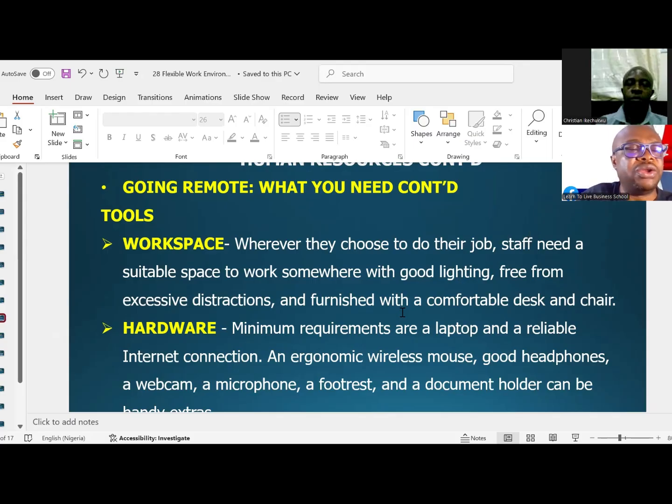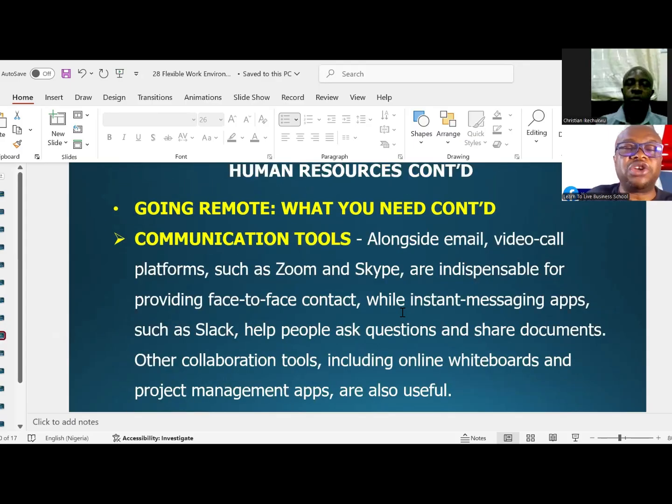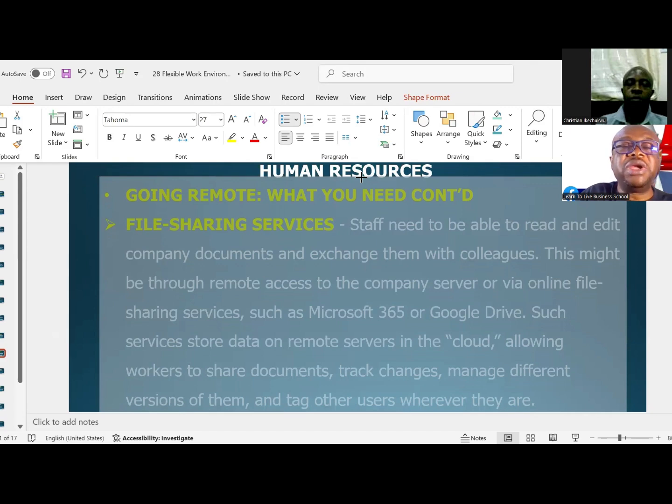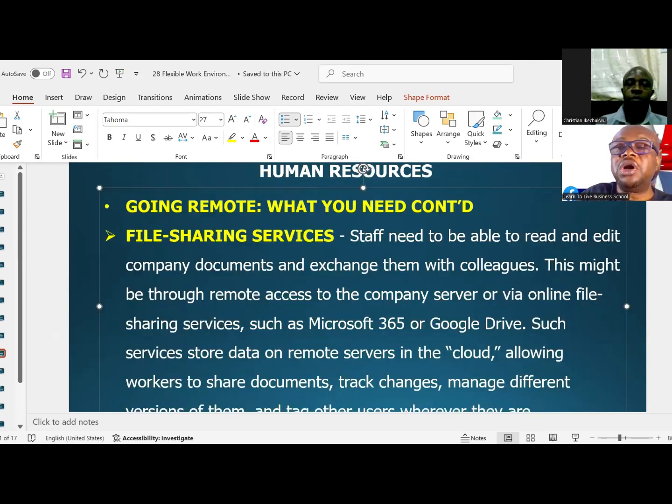Then communication tools alongside email, and video call platforms such as Zoom, Skype, and all that. You need them to get these things working. Then file sharing services, like Google Drive, to enable you to get the job done, or else it will be a tough challenge.